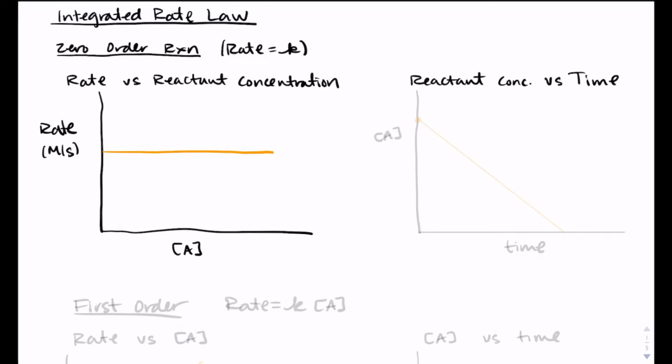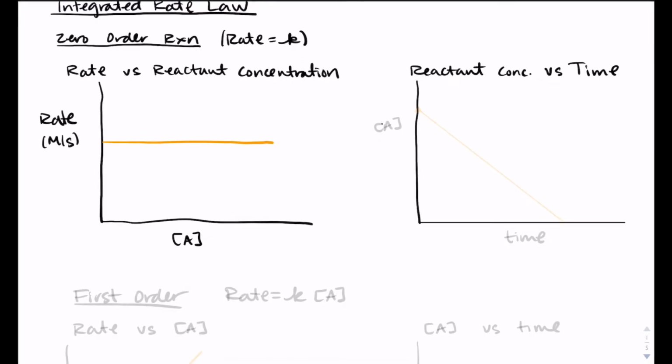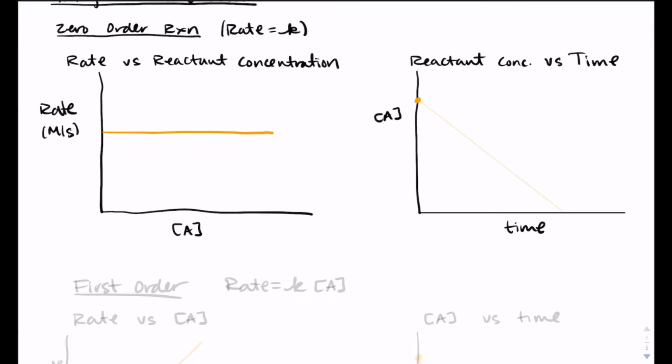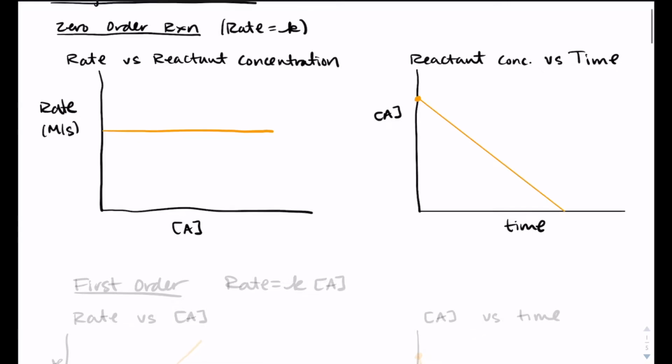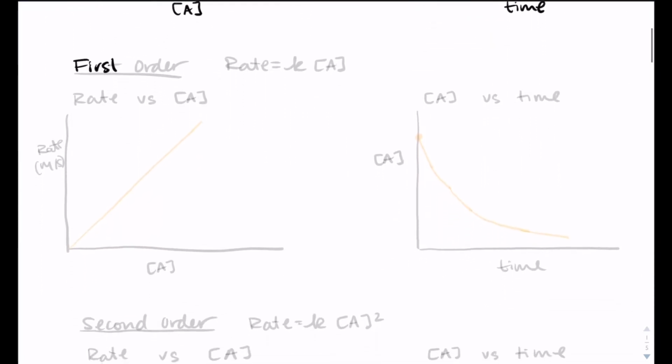If you look at the reactant concentration versus time, we start at some concentration and then it just goes down at a very regular slope. Our reaction is just chugging along at some constant rate. So my concentration is just going to go down as the reaction proceeds in a very linear, predictable fashion.